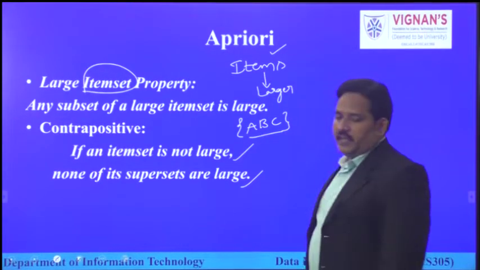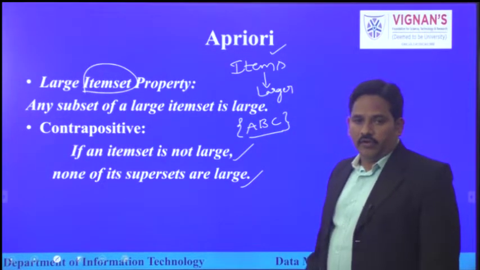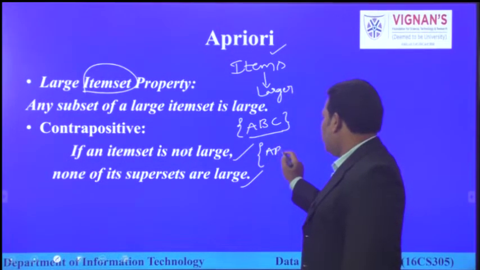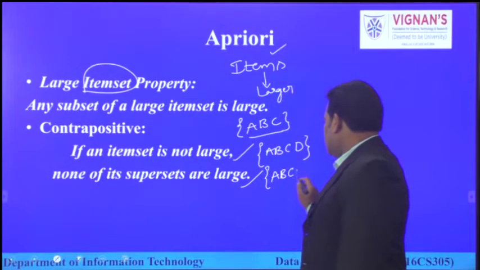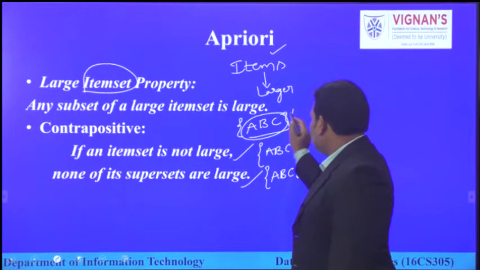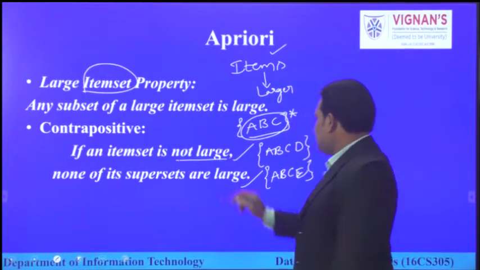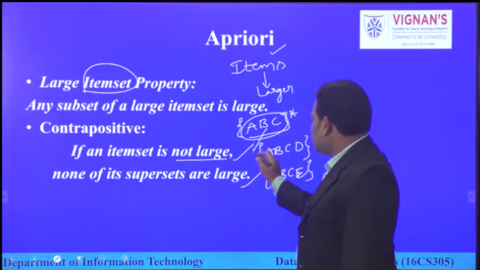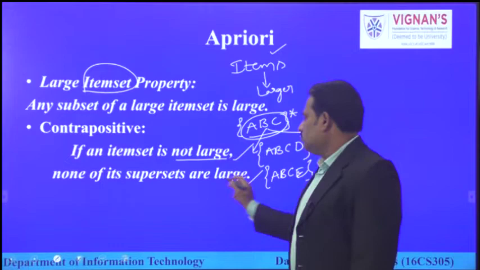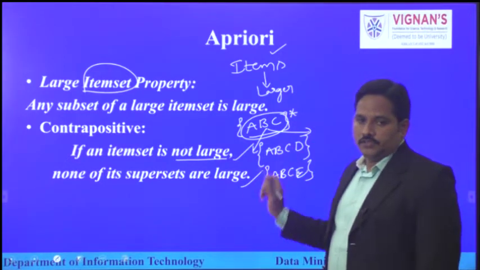If the item set ABC was not repeated many times, then we can't expect a superset formed with ABC, like ABCD or ABCE or anything. If an item set is not a large item set, then all the supersets formed with this item set are also not large.